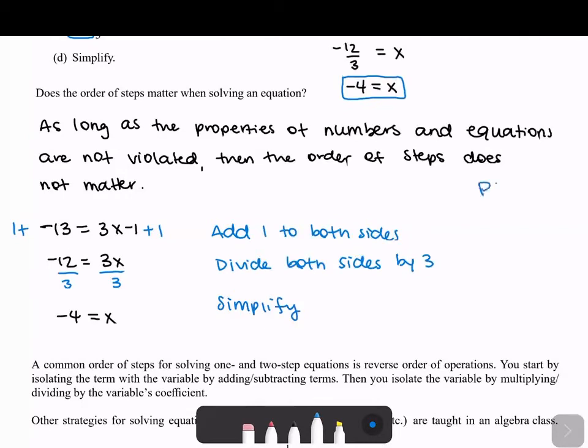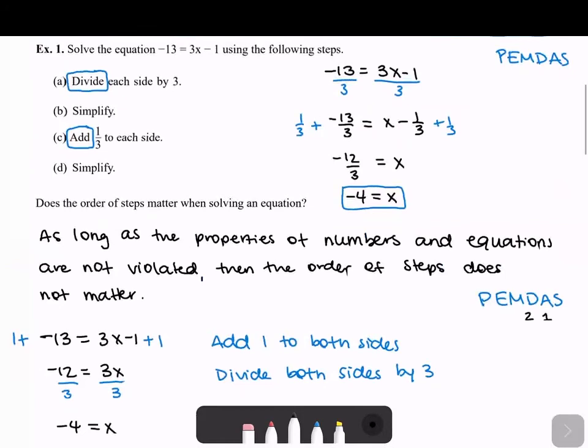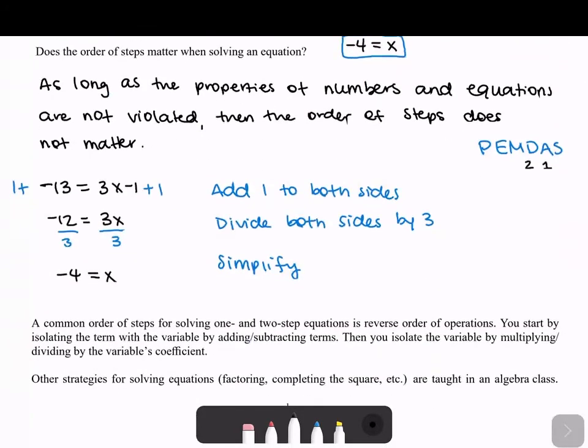Looking at our order of operations, this does addition first and then division second. So we still do addition and division just like before, but in a different order. This is what a lot of people call reverse order of operations, and that's typically how we think about things.